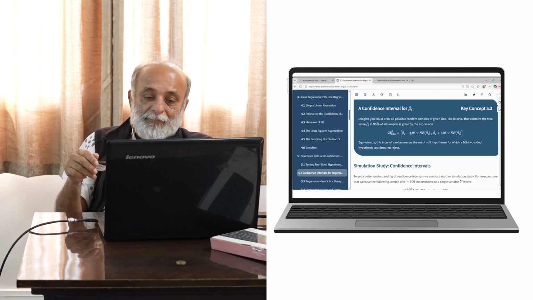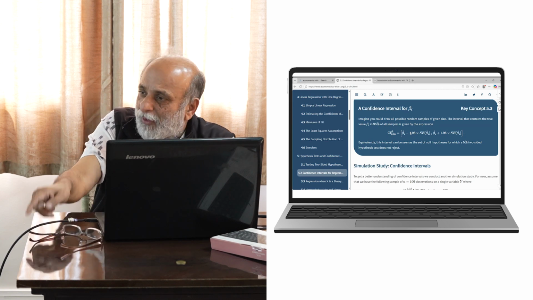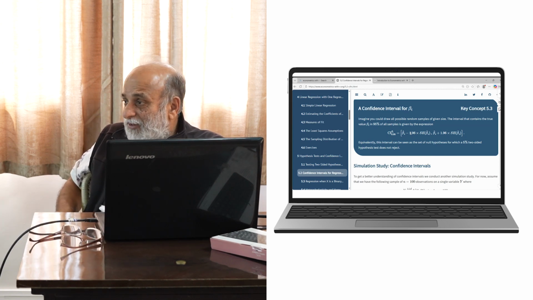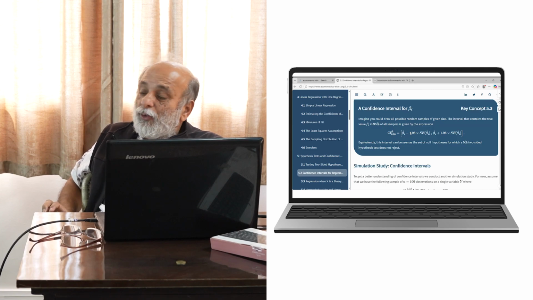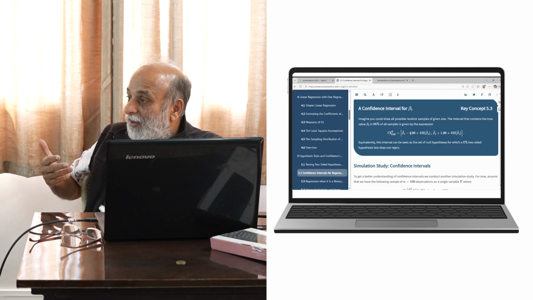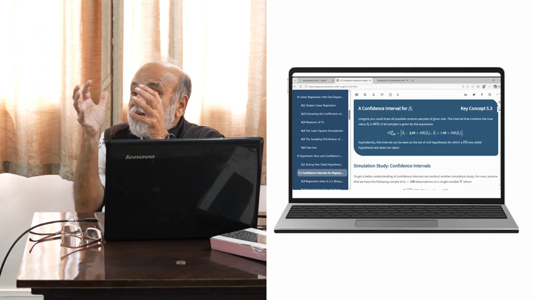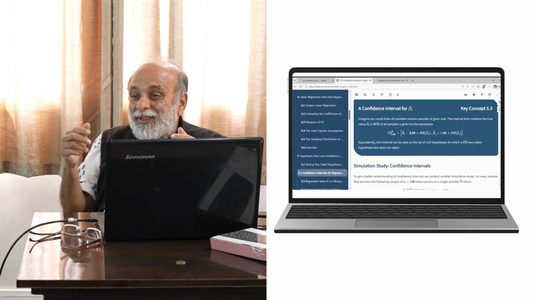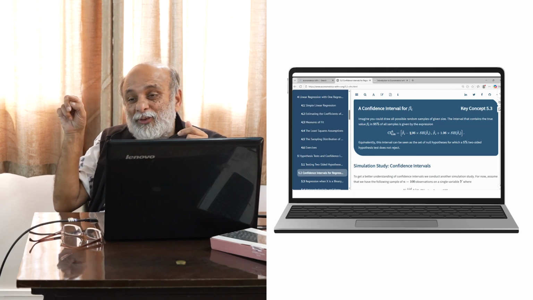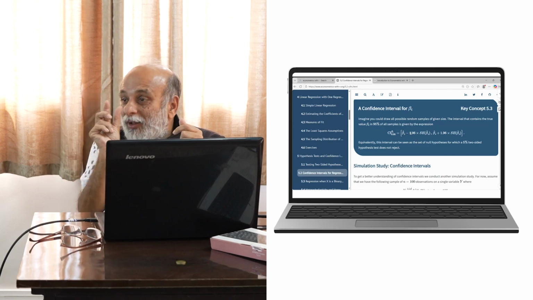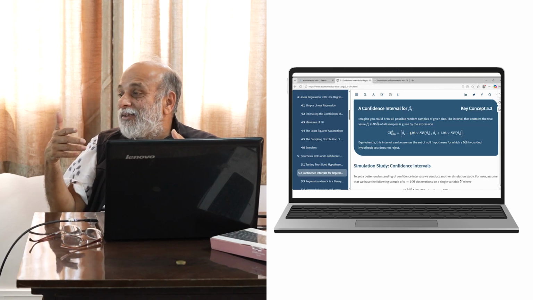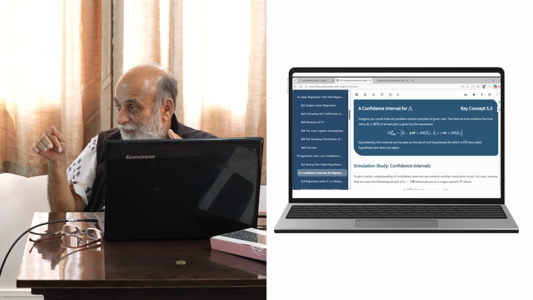Okay, another point. This is the standard error of beta. What is the standard error of beta hat i? It is the uncertainty in beta hat i, the estimate. We know that as the sample size increases, that uncertainty becomes smaller. So the confidence intervals will also become smaller with the sample size, because beta hat plus 1.96 into the standard error becomes small. So the accuracy of the estimates will increase if the sample size increases.